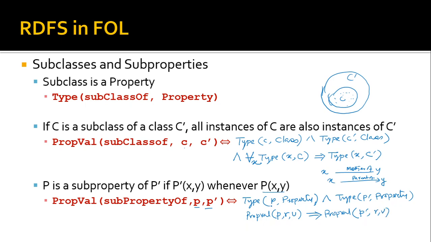And it should hold true for all R and V, and of course this will hold true along with the other predicates, right? So this is how we can encode the subproperty of relationship in first order logic.